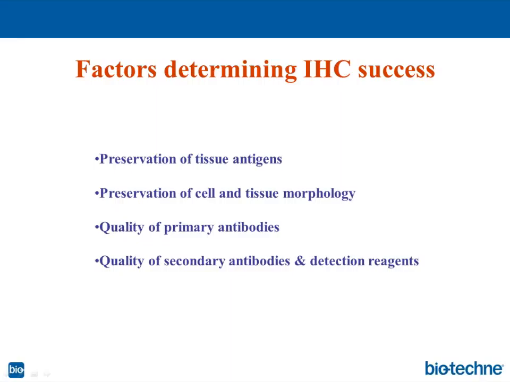And another important factor is the quality of secondary antibodies and other detection reagents, because if secondary antibodies are prone to non-specific interactions with tissues, in addition to the specific signal we will see a non-specific one, and it may obscure the specific staining of the antigens.